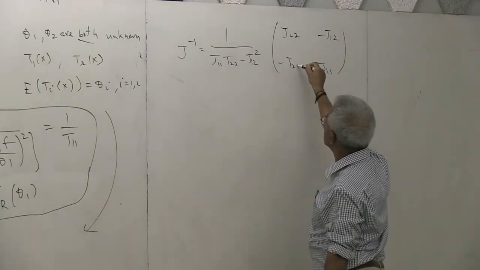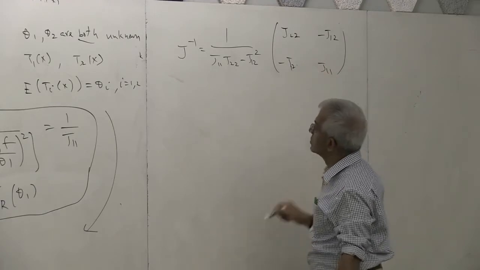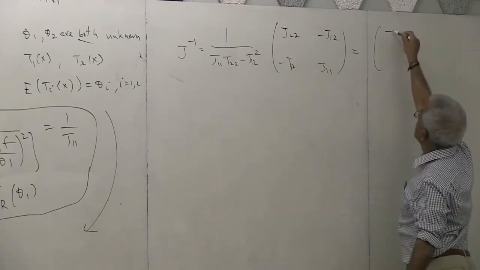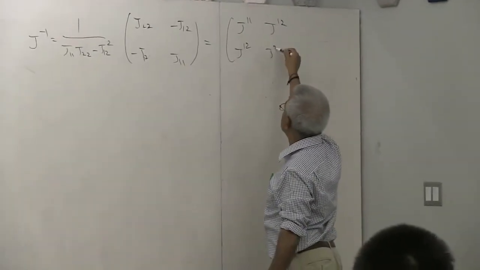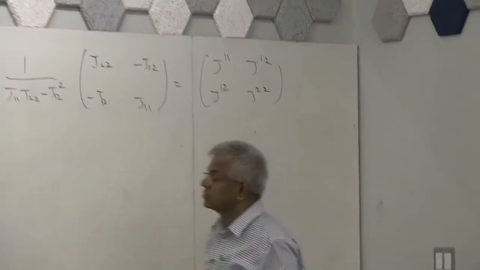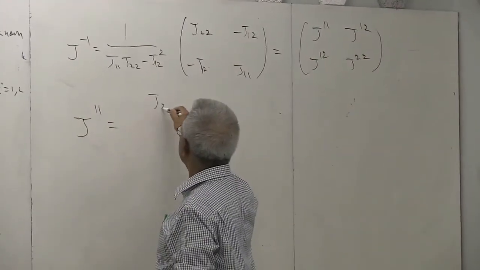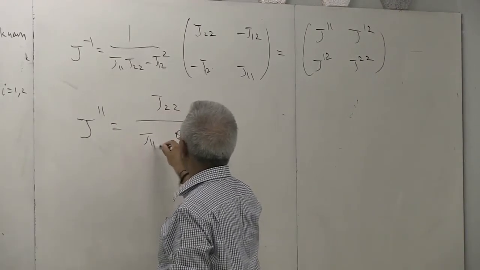Okay, so that's good. Yeah, it's the same. So I'm going to write it as J11, J12, J12, J22. So J11 will be, of course, J22 over the determinant.